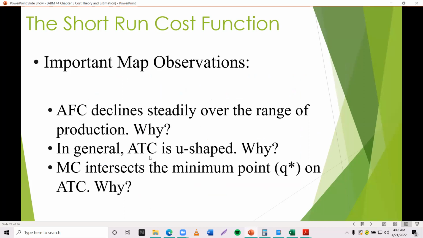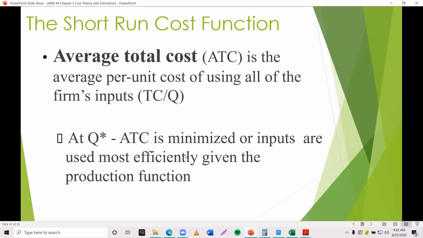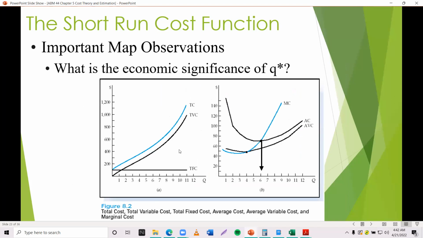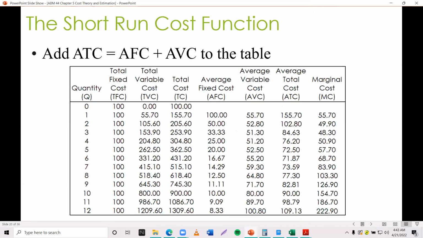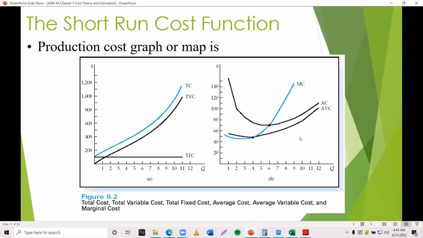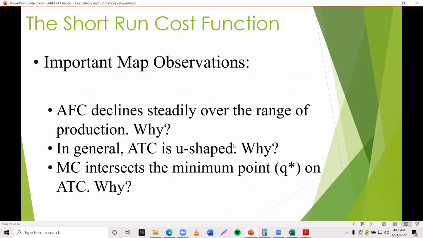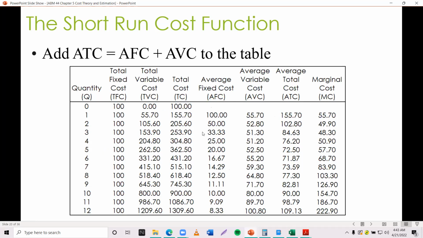So in general, why is the average total cost, ATC, U-shaped? Why do you think so? It is due to the difference in ranges. When you plot our ATC, it becomes a U-shaped curve.